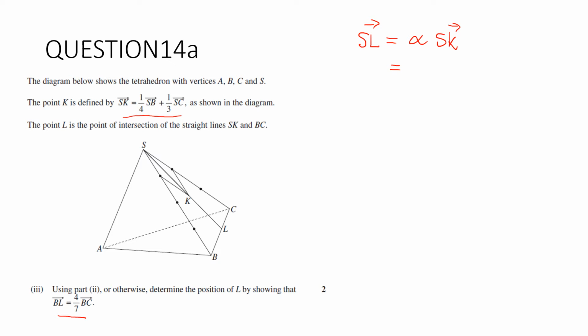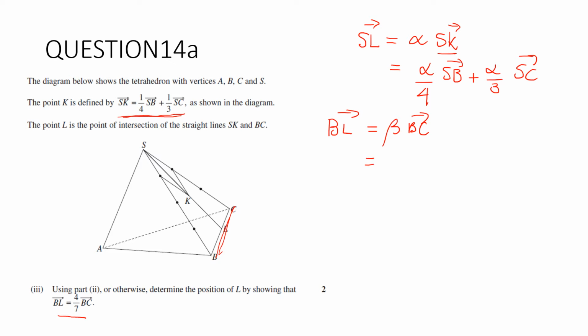And so we know SK is equal to this, so this would be equal to alpha on 4 SB plus alpha on 3 SC. Now we also know that BL is equal to some proportion of BC. So that's along here.